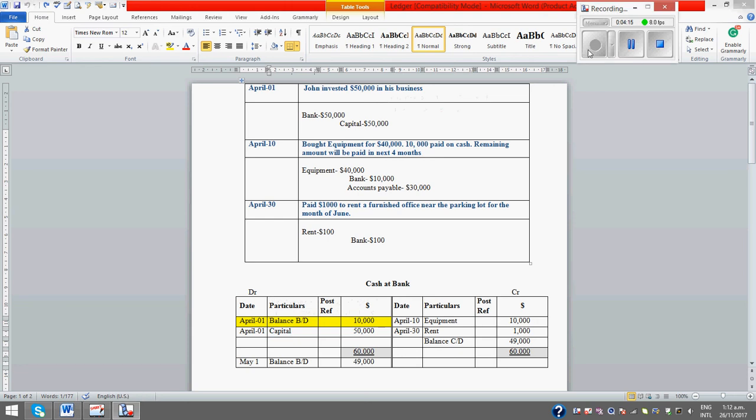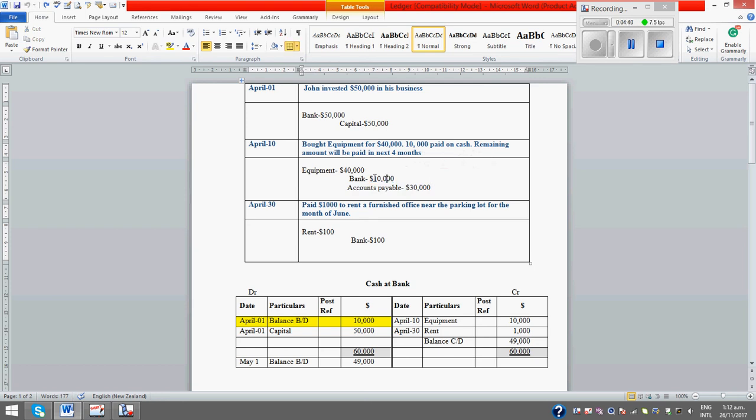Alright, so if I give you the next example, which is the journal entry of April 10, then you will understand much better. Over here we see the journal entry is equipment debit $40,000, bank credit $10,000, accounts payable credit $30,000. So over here your bank is $10,000 as credit.